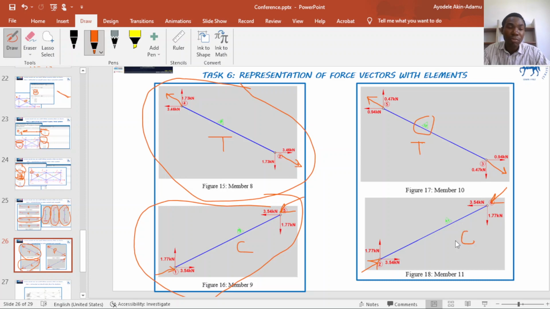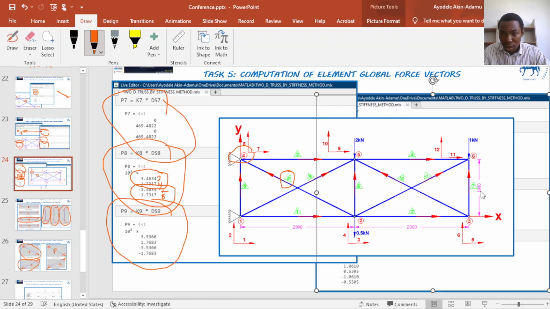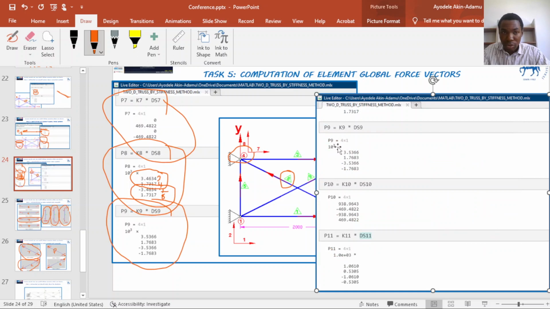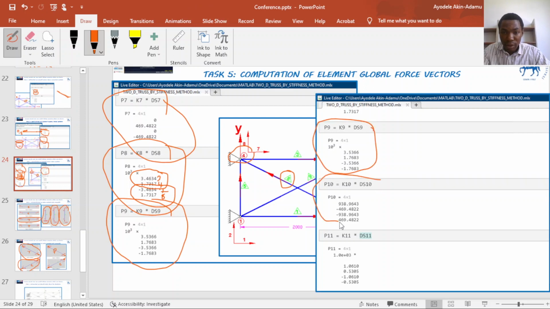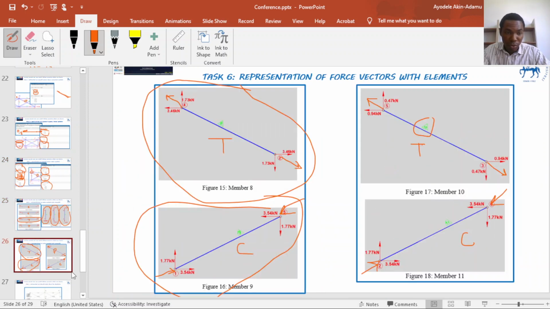So this is a compression member. All the force vectors I computed in this slide. Going to front, so you can see this for element 9, this for element 10, and this for element 11, and they are all defined with this sketch.